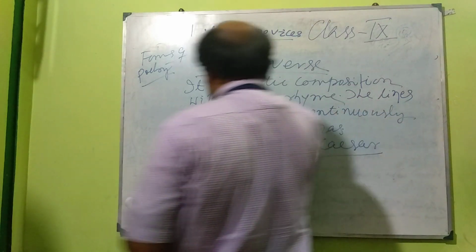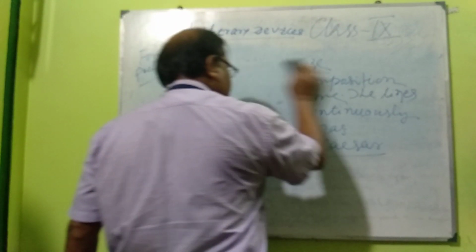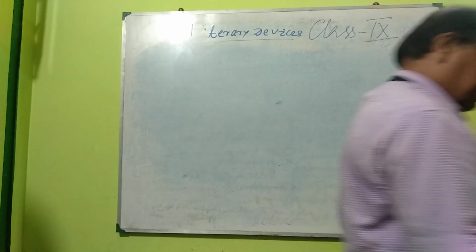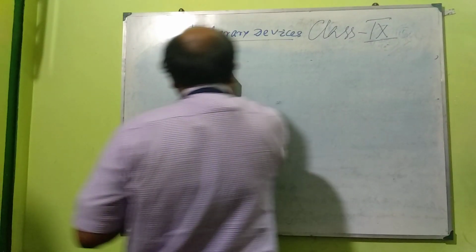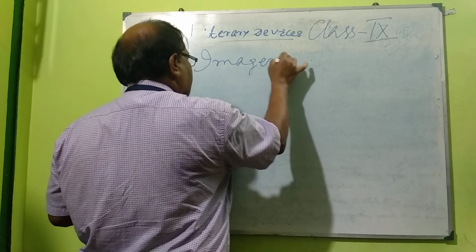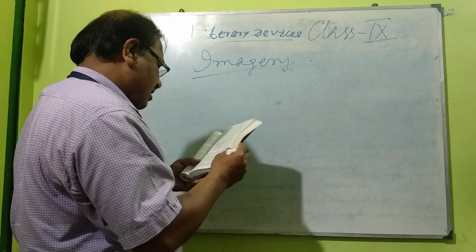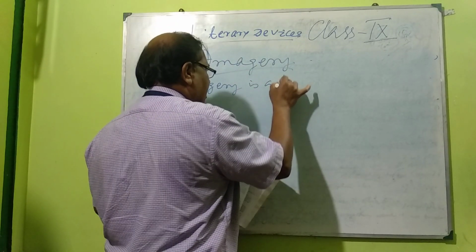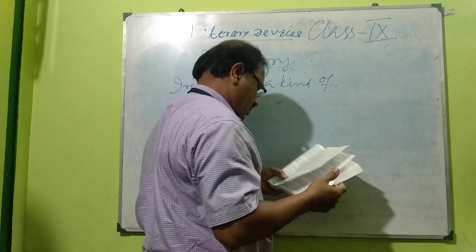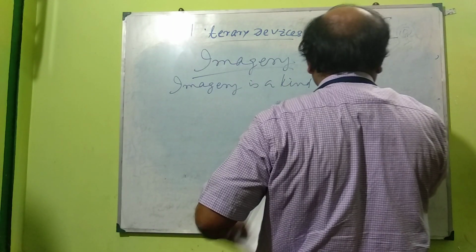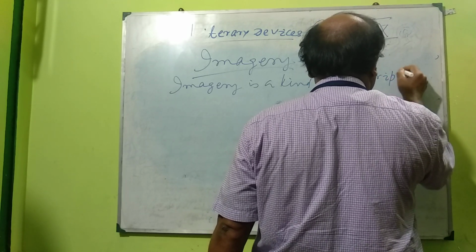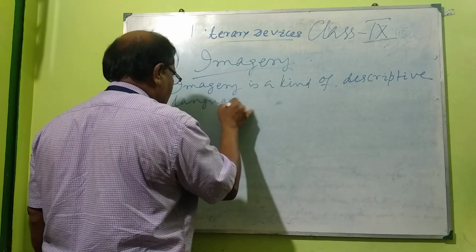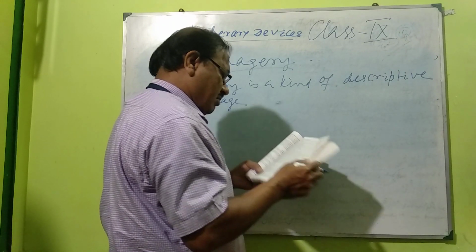Imagery. That is important. Imagery is a literary device. Imagery is a kind of descriptive language fundamental to poetry.